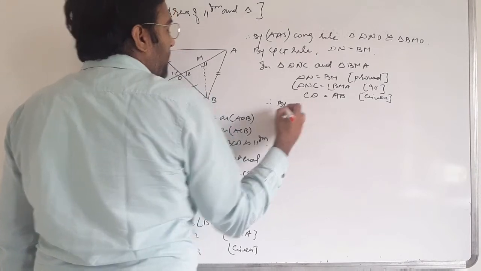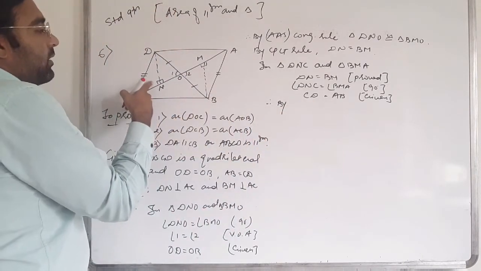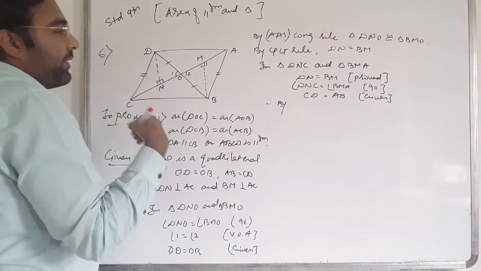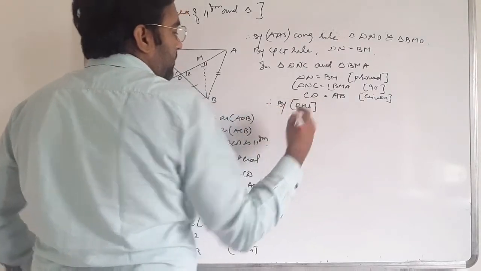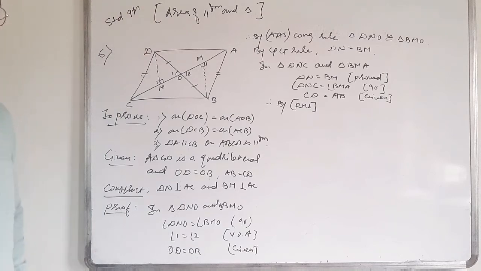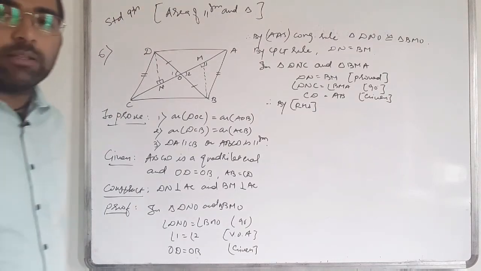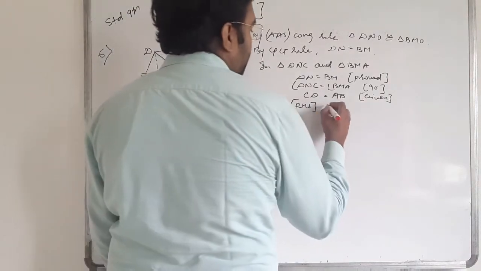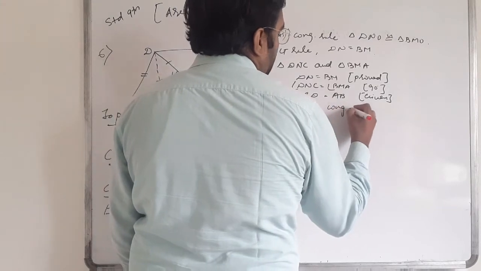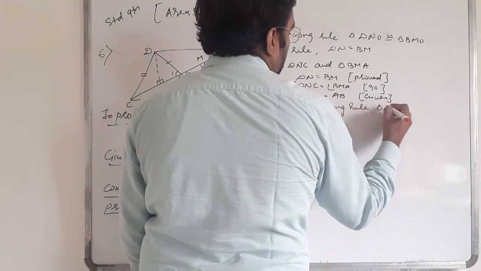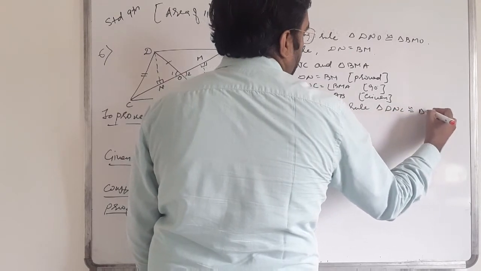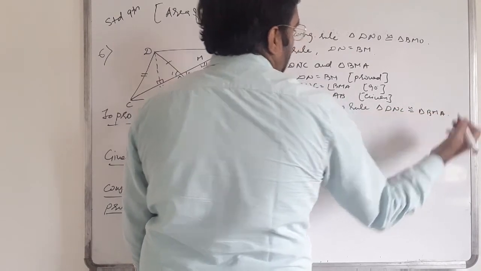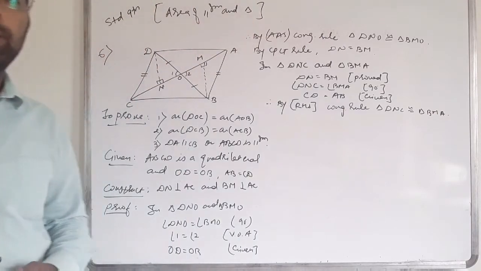Therefore, by the right angle, hypotenuse and one side, that is the RHS congruency rule, triangle DNC is congruent to triangle BMA. Clear?